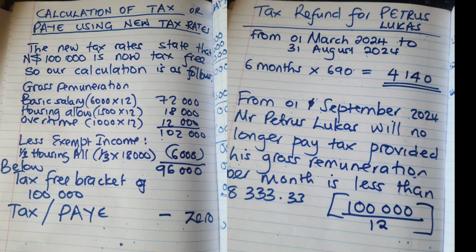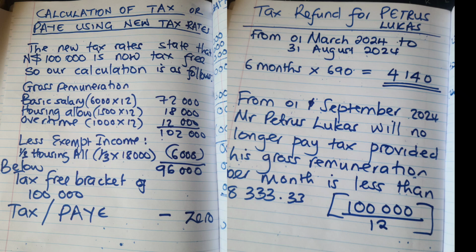According to the Income Tax Amendment Act of 2024, these taxes are effective from 1 March 2024, which is the beginning of this tax year that we are currently in, which runs until next year, February 28th, 2025.